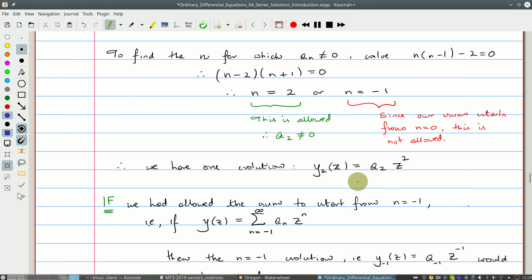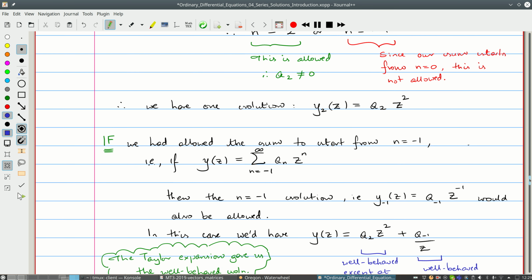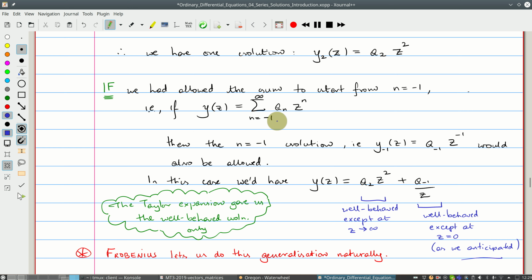One of the solutions was n equals 2. This was allowed by the Taylor expansion. Therefore, a2 times z squared is an allowed solution. The second was n equals minus 1. This is not allowed by the Taylor expansion, which begins from n equals 0. But it could have been allowed if we had generalized the Taylor expansion to start from n equals minus 1.